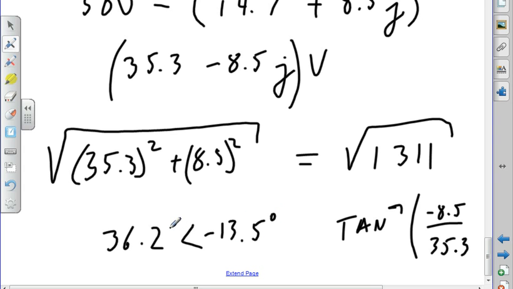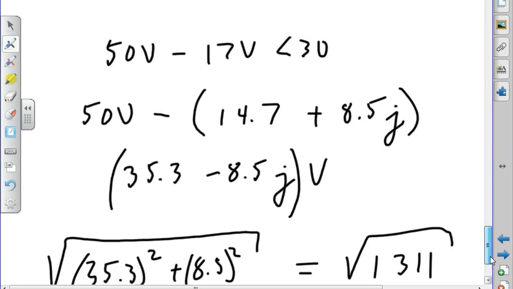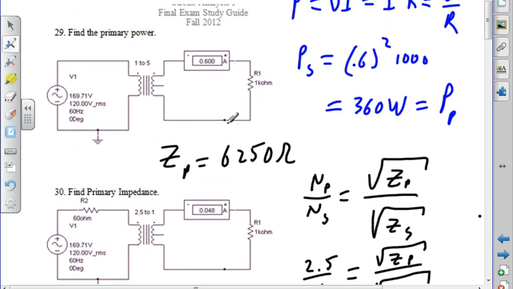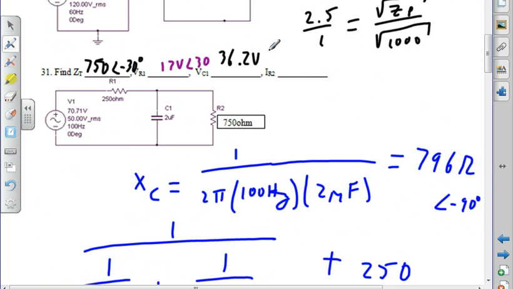And this is volts, right? Volts. So the voltage across the capacitor, 36.2 volts angle minus 13.5 degrees. And one could claim that I don't have that many significant digits.